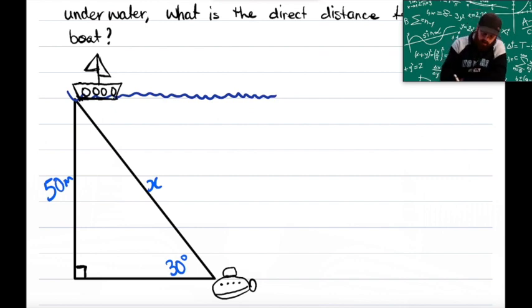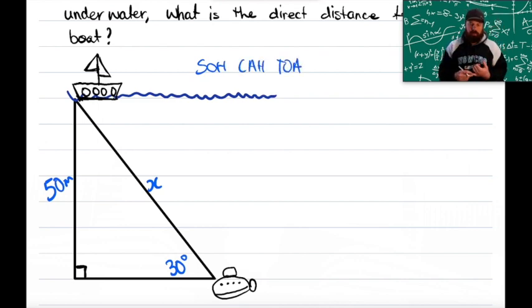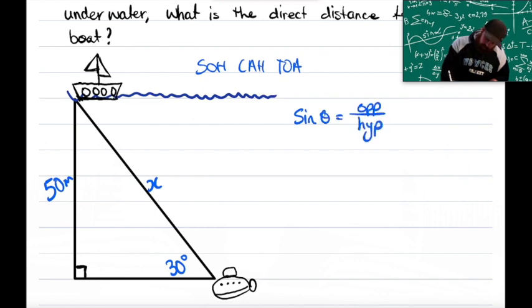All right, remembering to throw in our SOHCAHTOA, and we're going to follow all those steps. Labeling the sides, I recognize that 50 is the opposite side, and x is the hypotenuse. So what deals with opposite and hypotenuse? That's sine. So I know that sine of theta is equal to the opposite side over the hypotenuse.